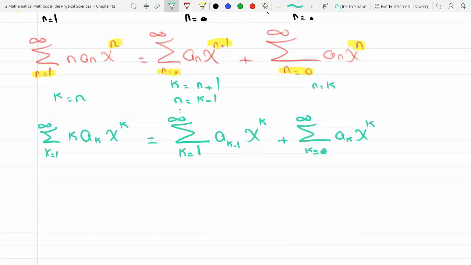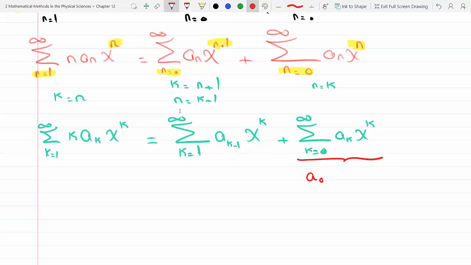However, these series don't start in the same place. There are two at k equals 1 and one at k equals 0. So what I'm going to do is pull out the k equals 0 term. When k equals 0, this is a_0 x to the 0, which is 1.